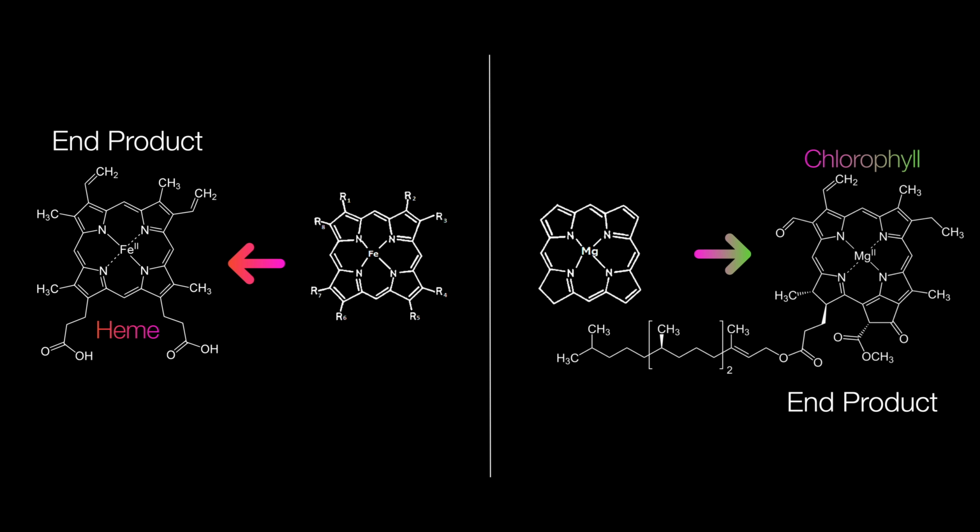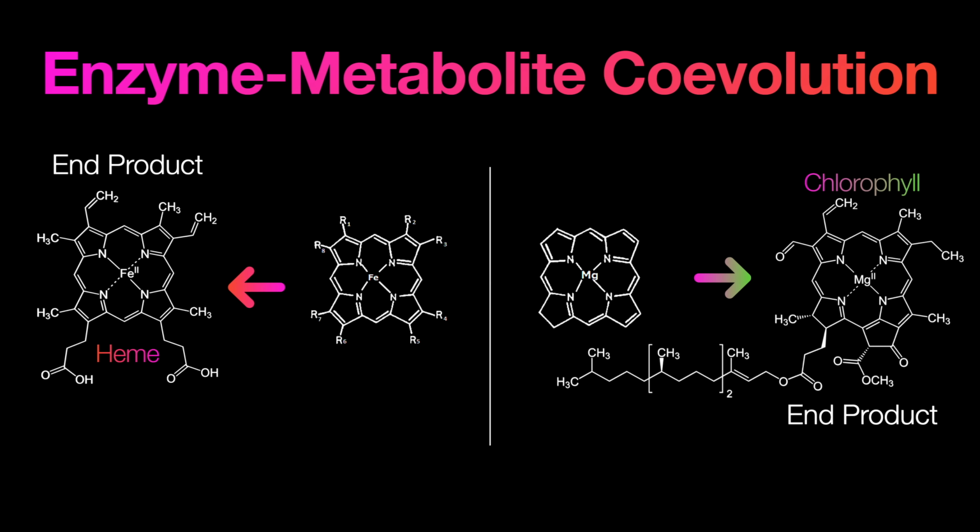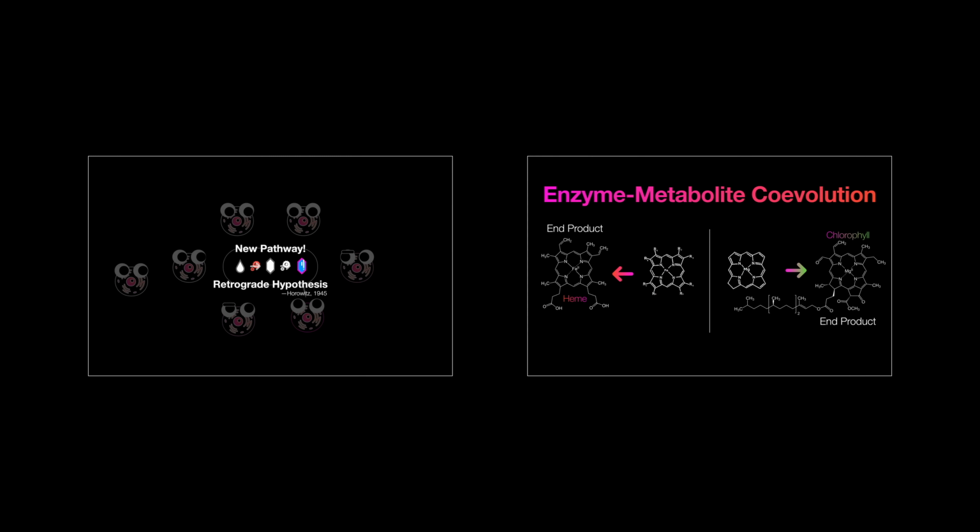The most important aspect of this hypothesis, however, doesn't hinge on this, but in the fact that the chemicals themselves, the metabolites, evolve along with the enzymes. So, did pathways build themselves backwards like the first hypothesis, or did they optimize forwards, step by step like the second? They sound equally intuitive, don't they?